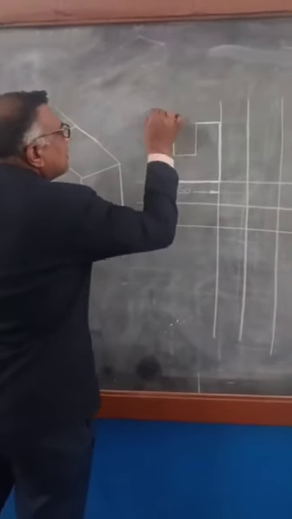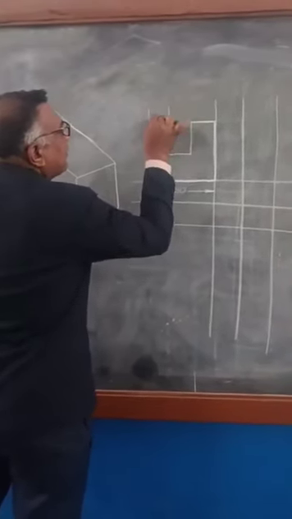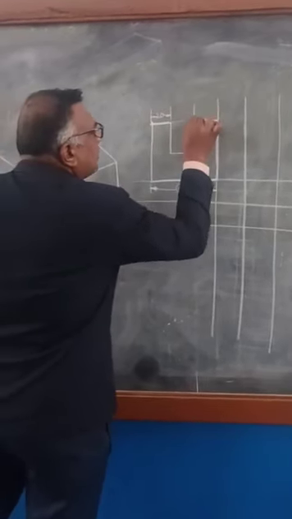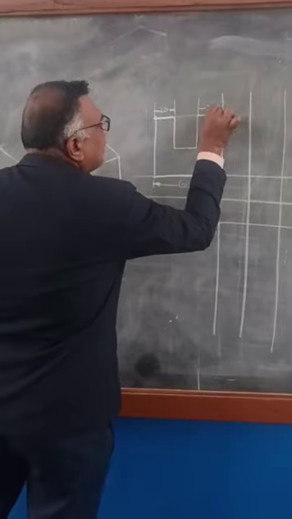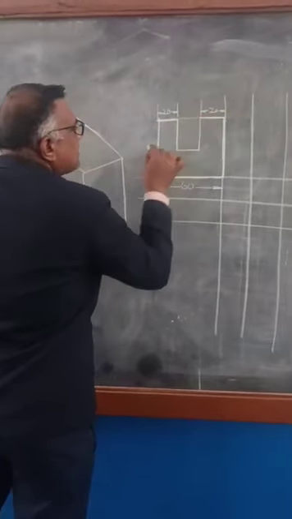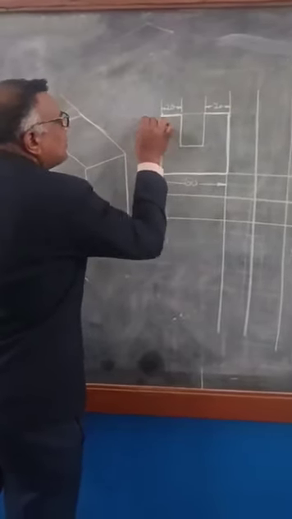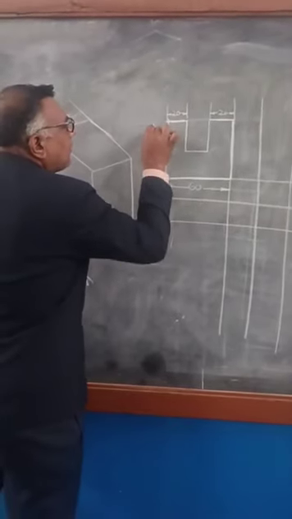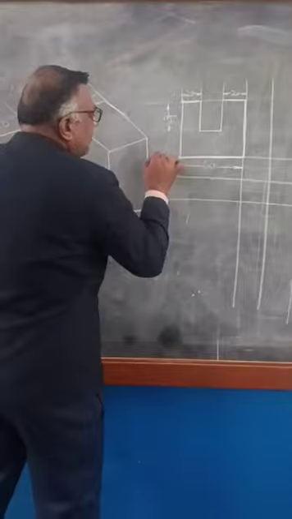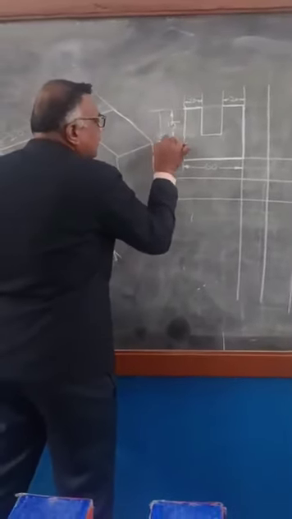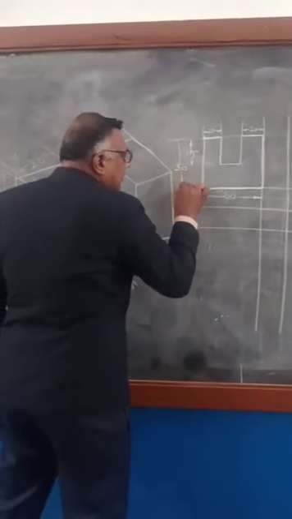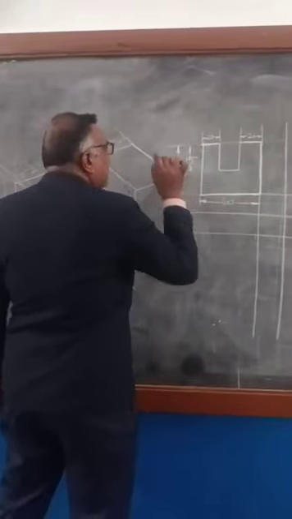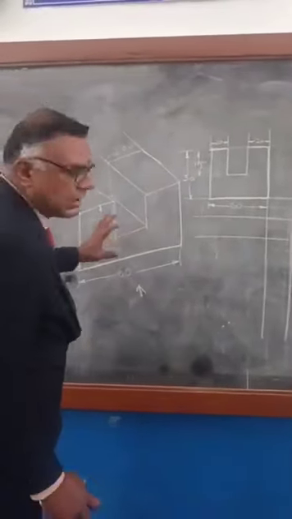This distance is 20, and this will be another 20. This remaining is 20. So this height is 15. So the total height is 30. So this is the front view.